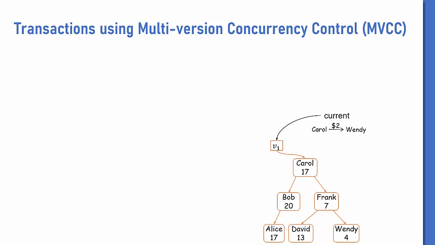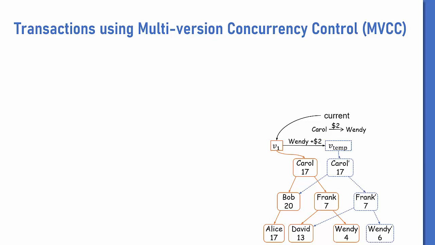Carol transfers $2 to Wendy, and the first step is to increase Wendy's balance by $2. This is done by a persistent update algorithm using path copying: we copy all nodes on the path, and we get a new version of the tree. Let's call it vtemp.